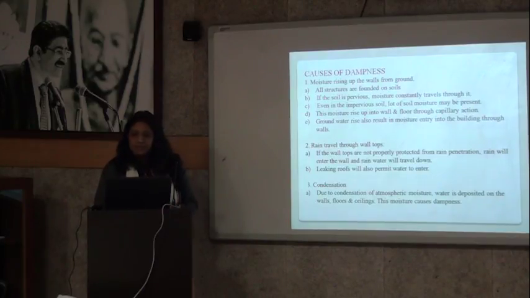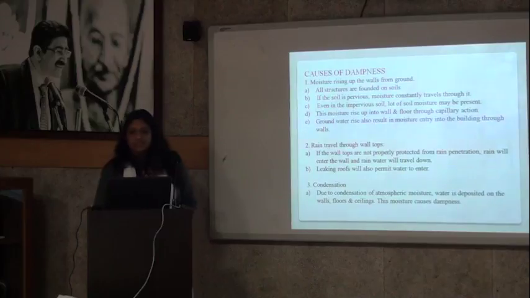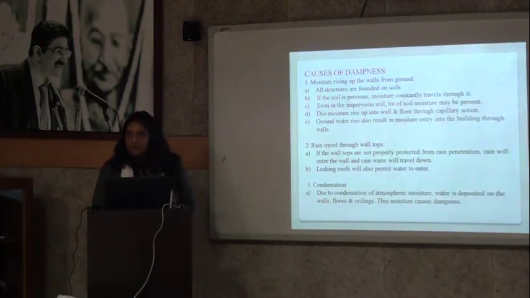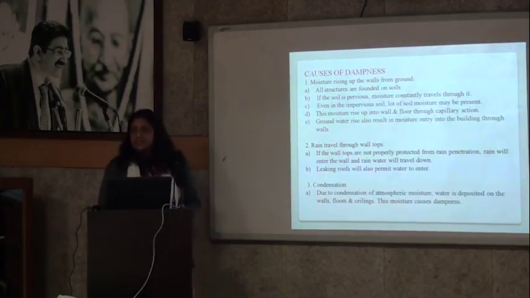So, causes of dampness. What are the causes of dampness? The first cause is moisture rising up the walls from the ground. As all the buildings stand on the ground, they are in direct contact with the soil. Soil contains moisture, so moisture can easily travel from there to the building, because the substructure is inside the ground.